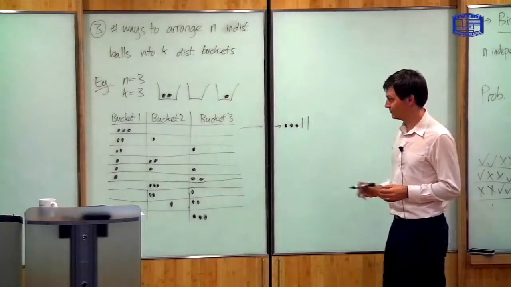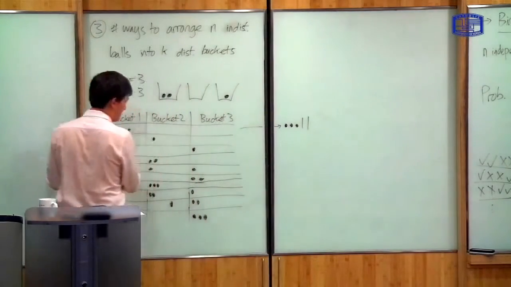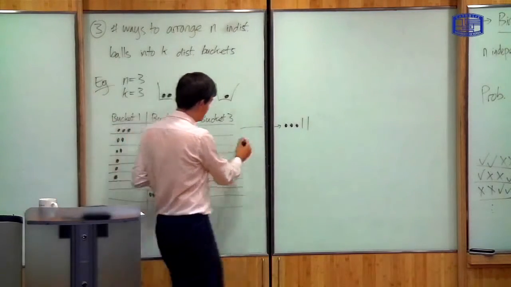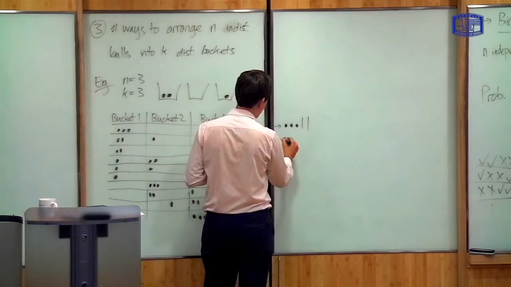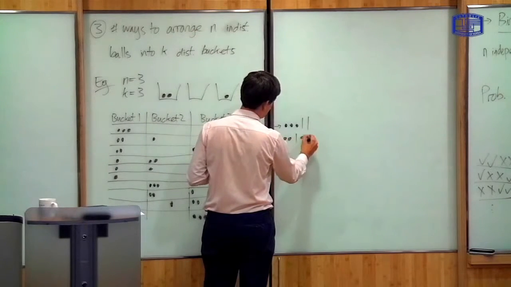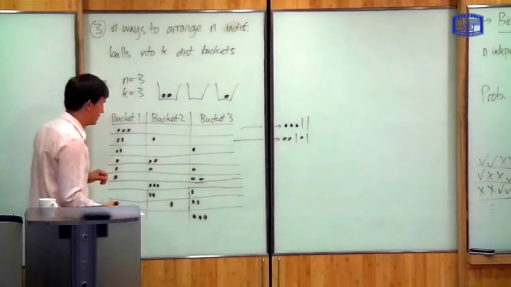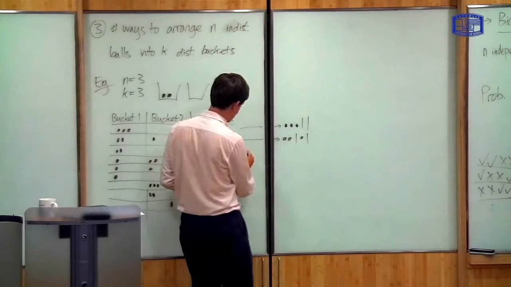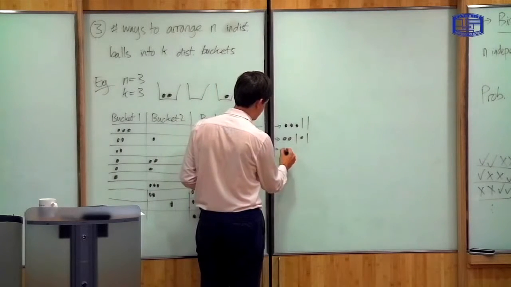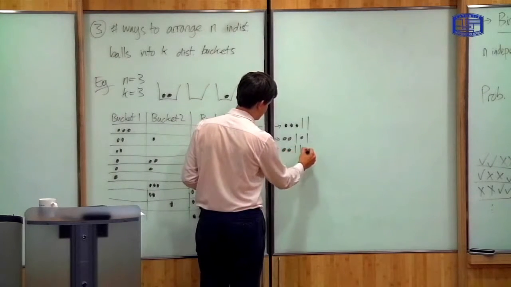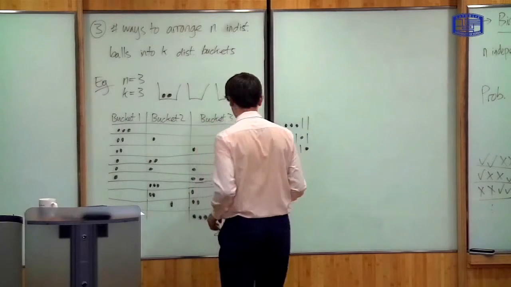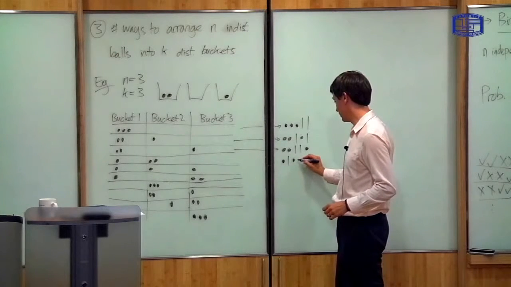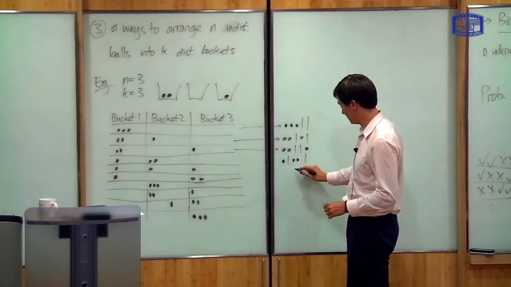Then in this next one, I get 2 balls, then a line, then a ball, then a line. So this second case becomes ball, ball, line, ball, line. This next case becomes ball, ball, line, line, ball. And you can see how it goes on. So the next one is ball, line, ball, ball, line, and so on.